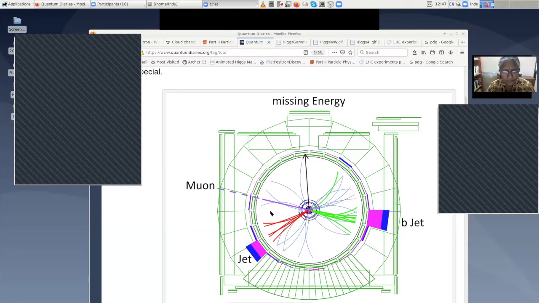The simplest process by which Higgs is produced is that two gluons fuse and produce Higgs directly. But very often Higgs is produced in association with either a W or a Z boson, and that's called associated production. So quark anti-quark produces H plus W or H plus Z. Then the Z decays and the H decays, and you have to find out from the decay particles.